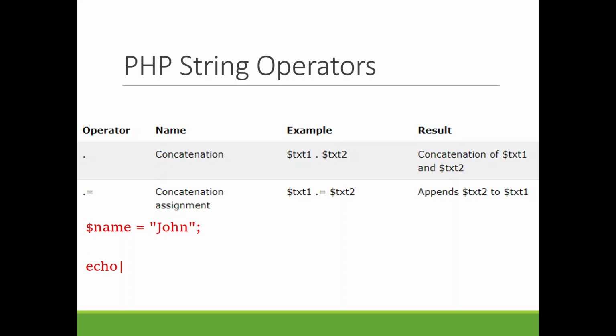Then we have echo "Your name is " dot name. Then you can print the name. Here we have used the concatenation operator to join one string with another string. So that is called the concatenation operator.